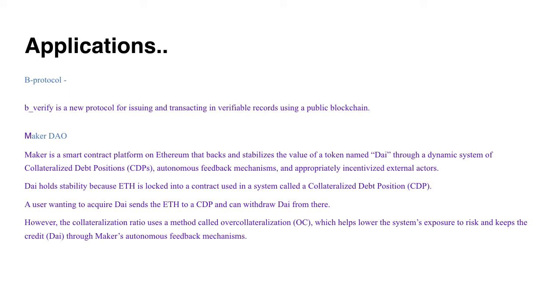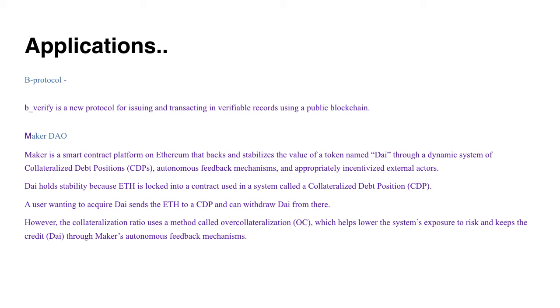DAI are tokens pegged at $1 per token. This DAI holds stability because Ethereum is locked into the contract using a system known as a collateralized debt position, or CDP. Usually the CDP to DAI issuance ratio is 3 to 2. For example, if you deposit $300, you can withdraw about $200 worth of DAI.